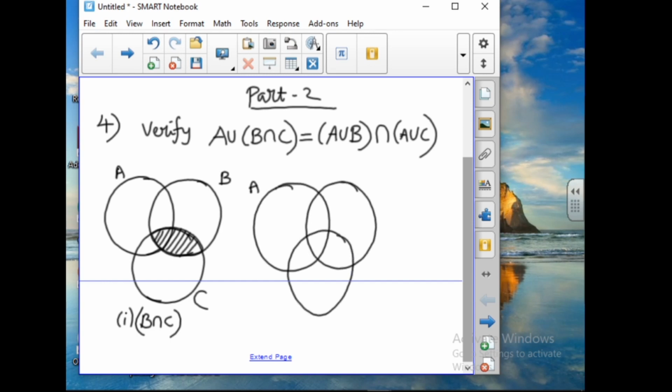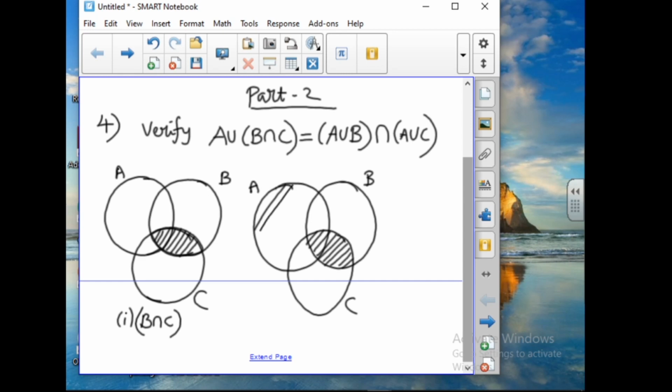So A, B, C. B intersection C you have to join with the A set. A union means you have to combine together. So A set joins to B intersection C. We know that B intersection C is the spot; the spot you have to join with A set.